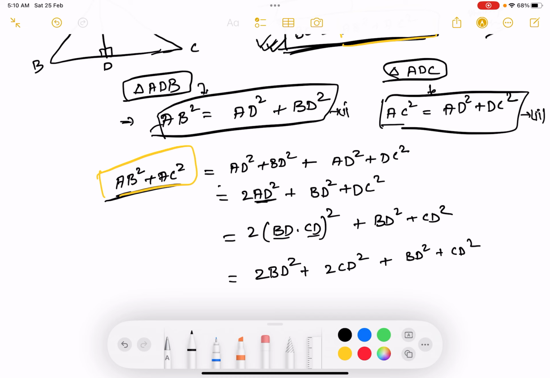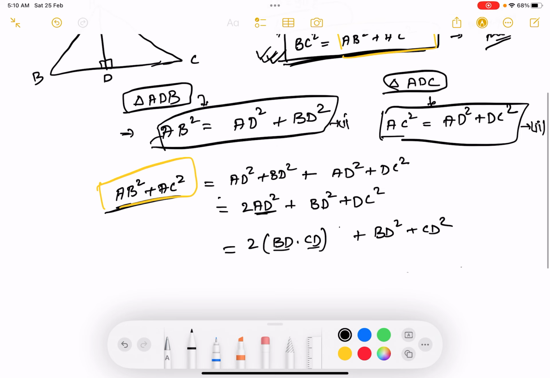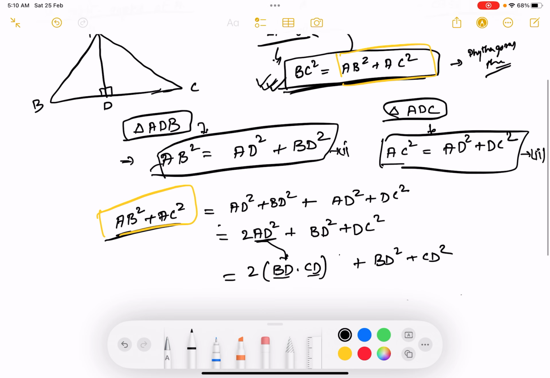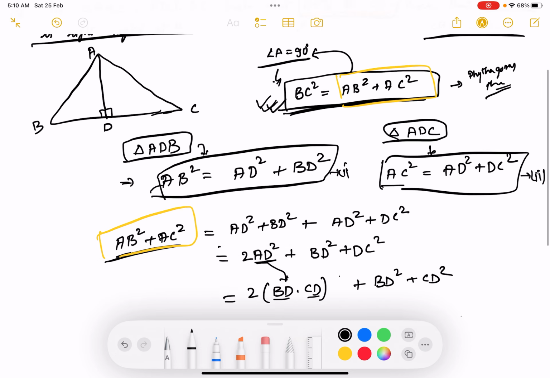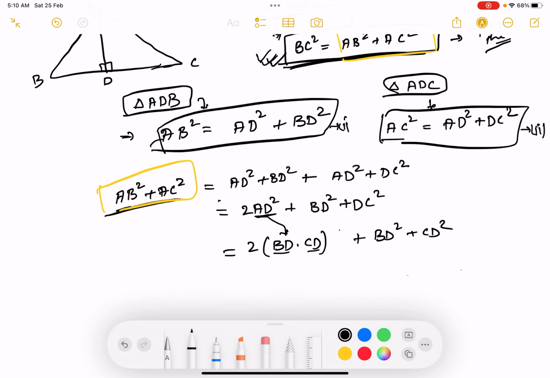So I have to erase all this. Substituting AD square as BD into CD, which was given in our question: AD square is equal to BD into CD.